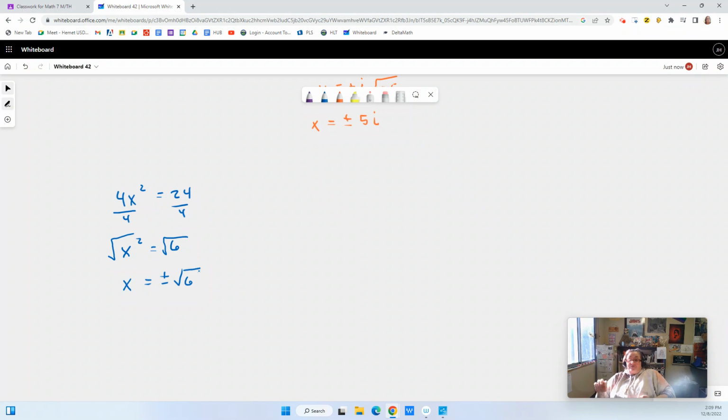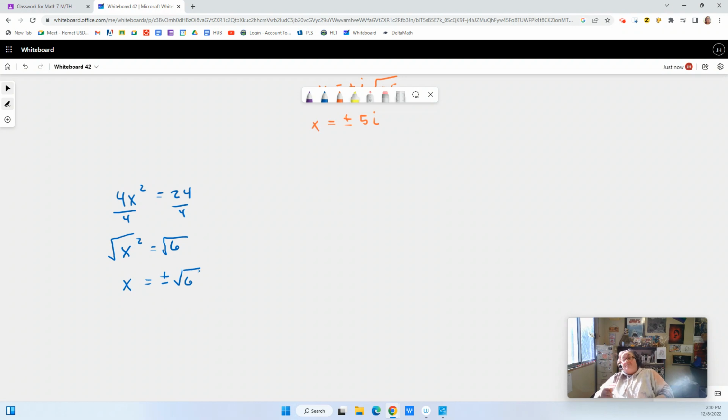These x values are our zeros. There are two solutions there. One is plus the square root of 6, and the other one is minus the square root of 6. So you do have two solutions, which you need to have when you're dealing with a square function. There should be two answers.